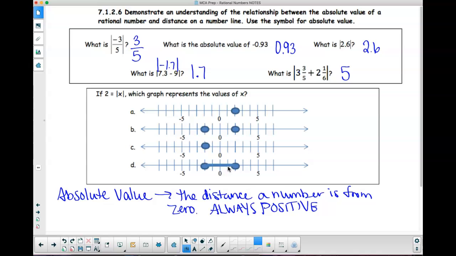Then we have to add the fractions. 3/5 plus 1/6. Do you remember how to do that? Can't just add them. Remember, you have to get a common denominator. Or do the butterfly method. Remember the butterfly method?